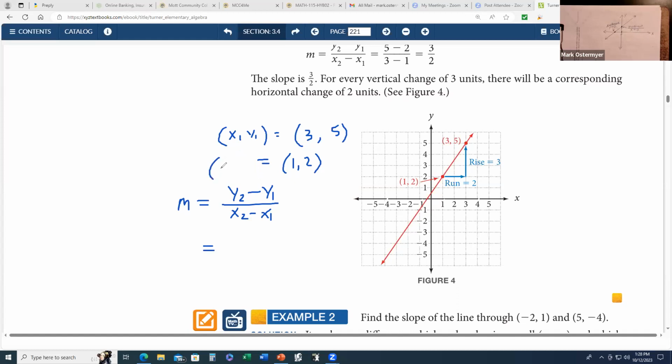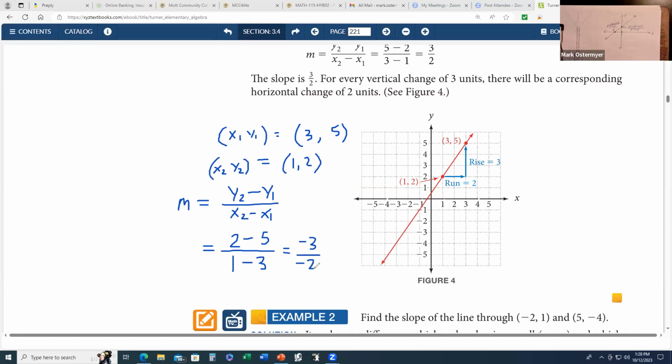This should be the point (x sub 2, y sub 2). Sorry about that. There you go. So in for y sub 2 goes 2. Subtract y sub 1, which is 5. And that sits over x sub 2, which is 1, minus x sub 1, which is 3. And what I get in this case is -3 over -2.